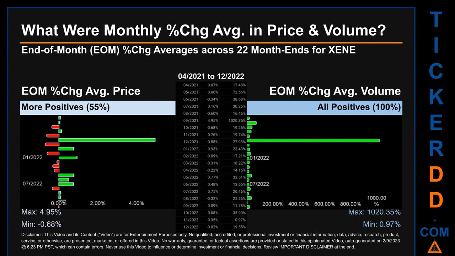That is 100% of month ends saw a positive percentage change in average volume. Price saw an end-of-month max of 4.95% in average percentage change along with a minimum of minus 0.68%. For volume, the maximum and the minimum monthly percentage change were respectively 1020.35% and 0.97%.